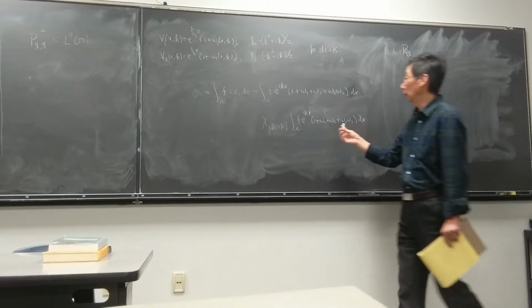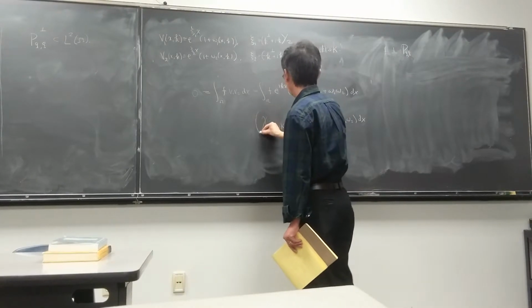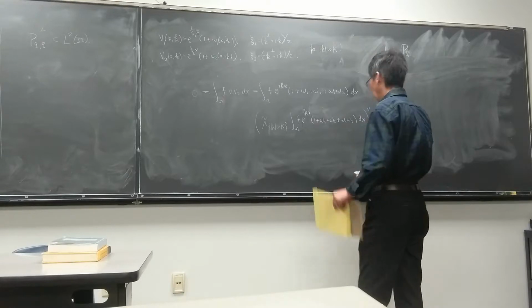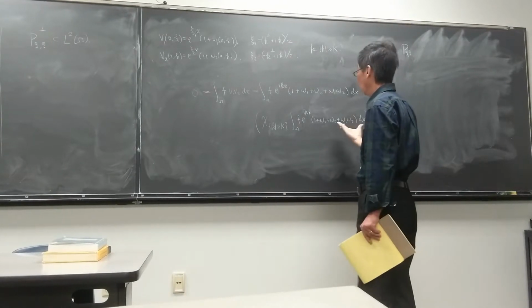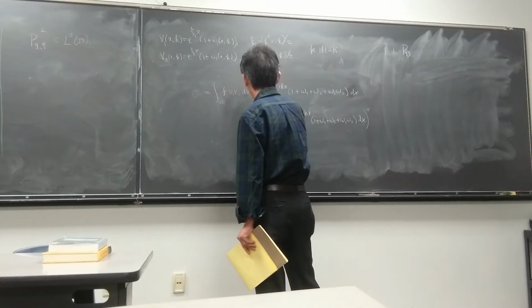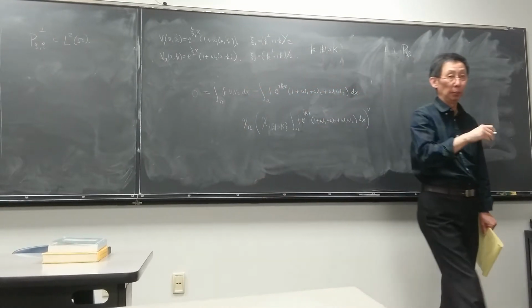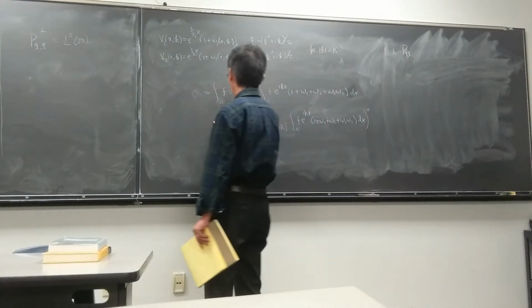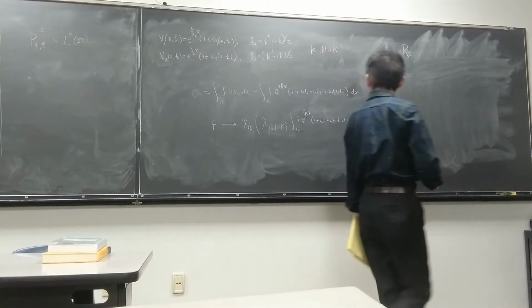Now, after multiplying by this, I want to go back to F. Therefore, I'm going to take the inverse Fourier transform, and for the inverse Fourier transform, we restrict everything to the polynomial space. So you can see I can think about this function F going to here.